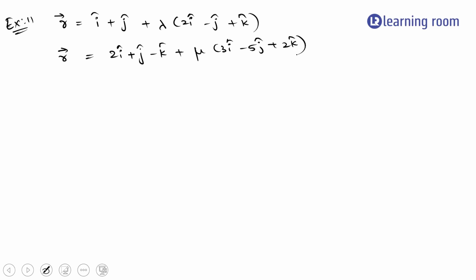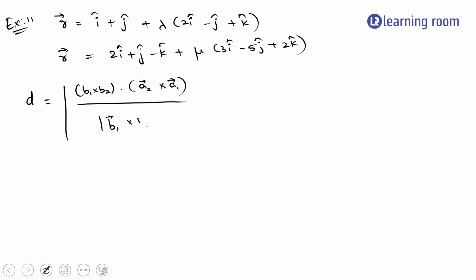So the distance between skew lines is given as magnitude of B1 vector cross B2 vector dot A2 vector minus A1 vector, the whole divided by magnitude of B1 vector cross B2 vector, and use the modulus. It's fine because you do the dot product and take the magnitude.